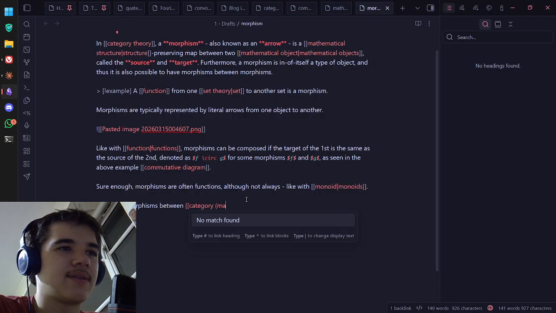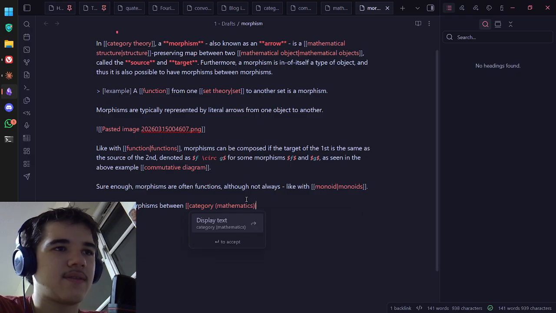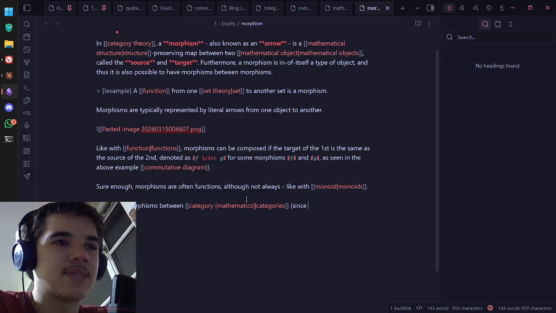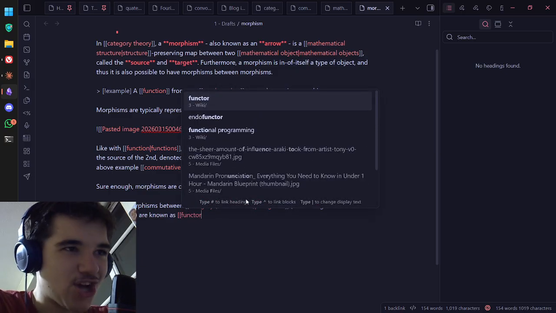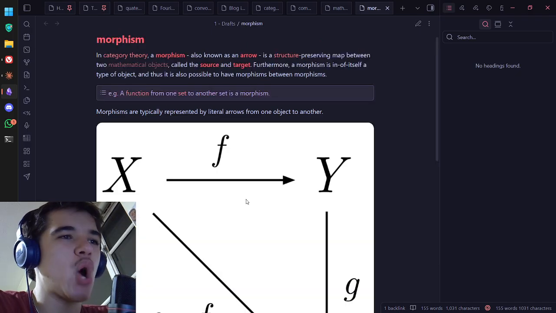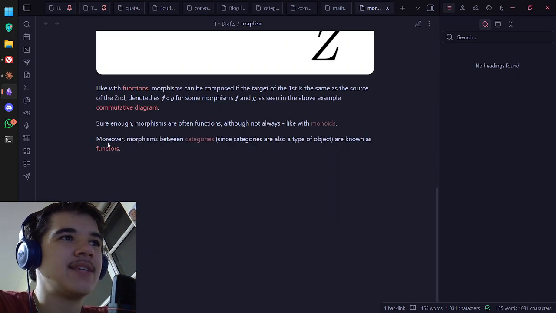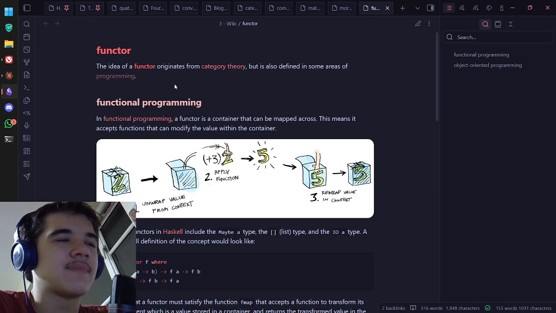Okay, so morphisms between categories, since categories are also objects, or a type of object, let's say, are known as functors. Let's go. And I do actually have this.